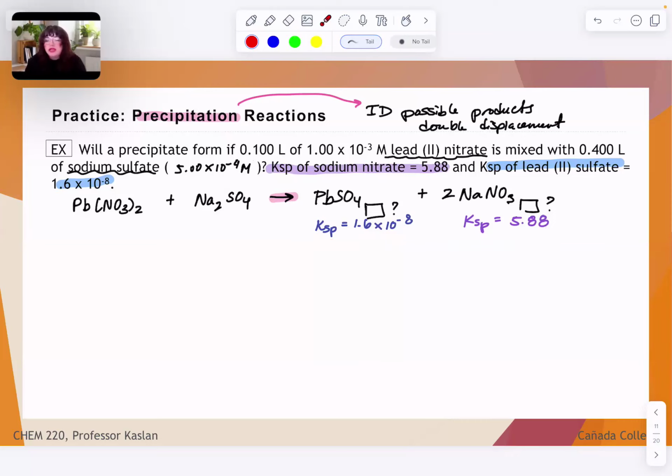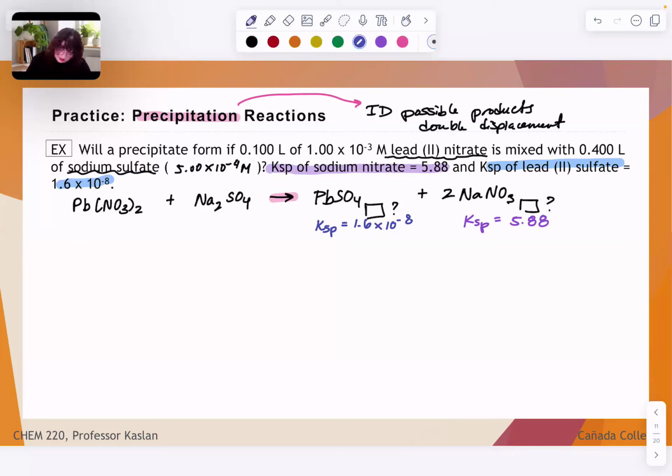However, just looking at the KSPs is not enough. We need to actually consider the amount of ions that are present in this reaction mixture. So we need to look at Q, so we can determine in these reaction conditions if any of these KSPs are smaller or larger than the amount of ions that we could possibly have available to make each of these 2 precipitates.